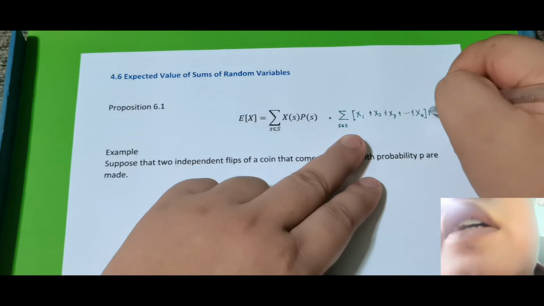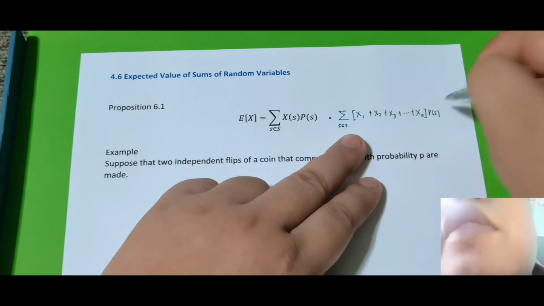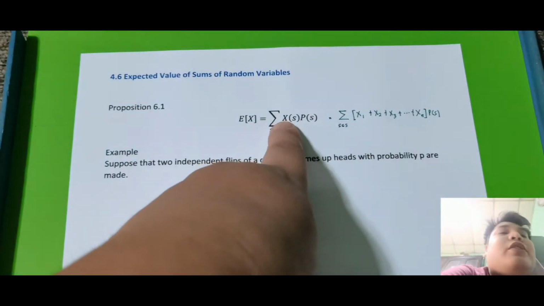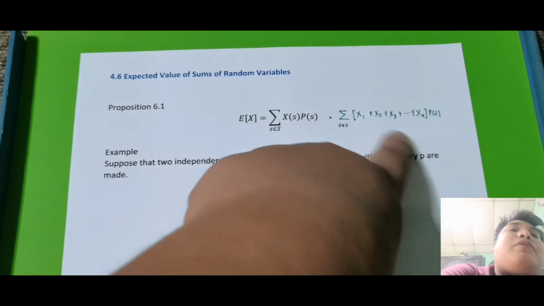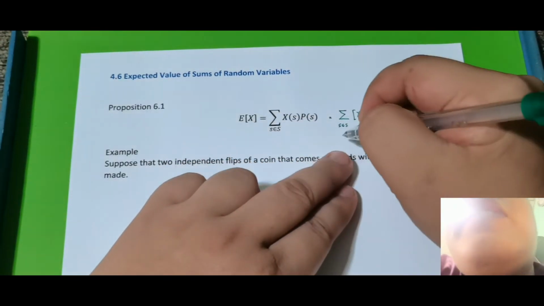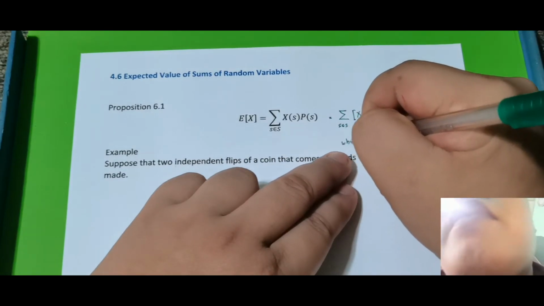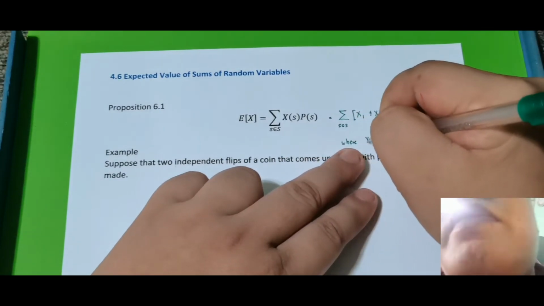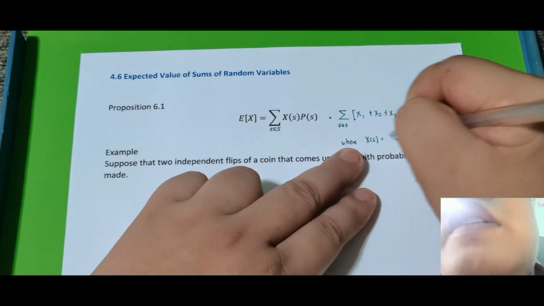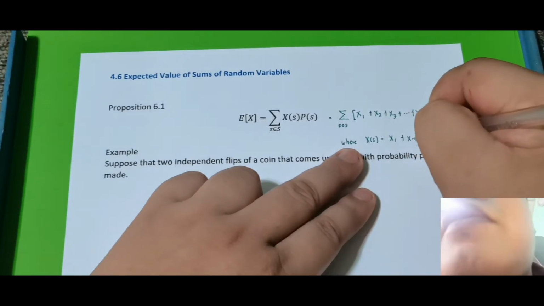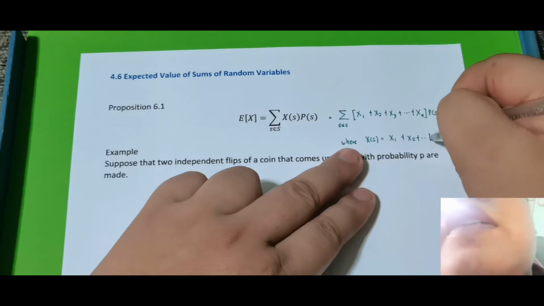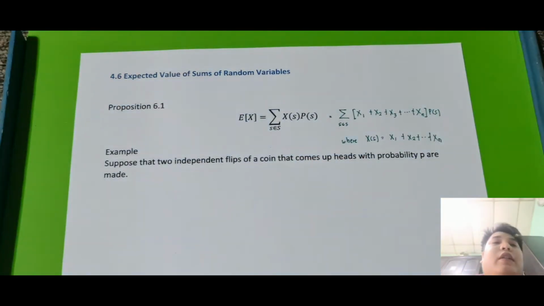Then ito ay p of s. Okay, so ang representation ng x of s natin is yung mga sum ng mga random variable, where yung x of s natin is just equal sa x of 1 plus x of 2 plus plus x sub n. Okay, so yan yung atin.